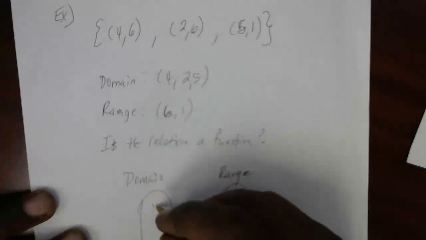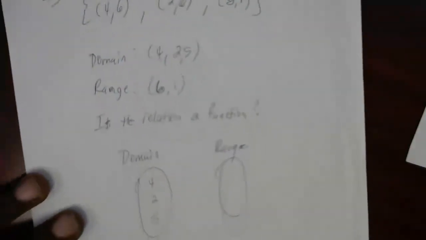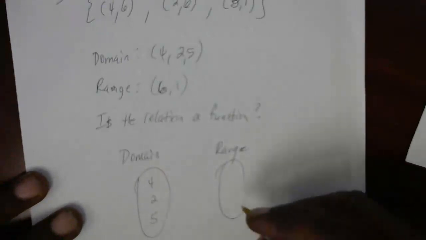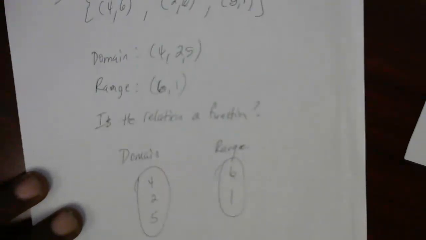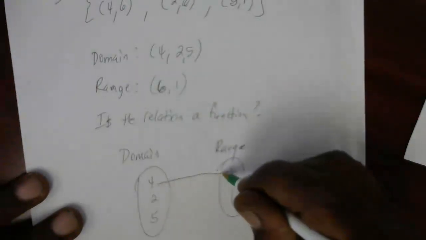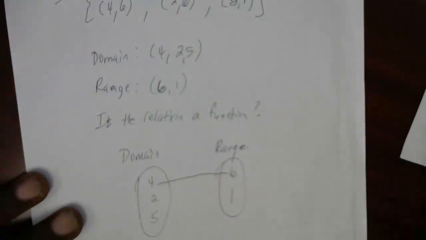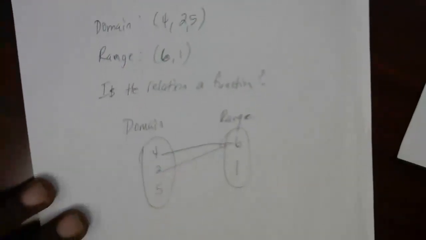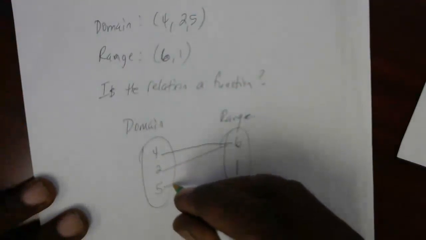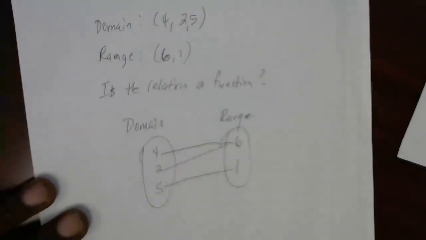So our domain values are 4, 2, and 5. Our range values are 6 and 1. Right, so 4 maps to 6. 2 maps to 6. And 5 maps to 1.